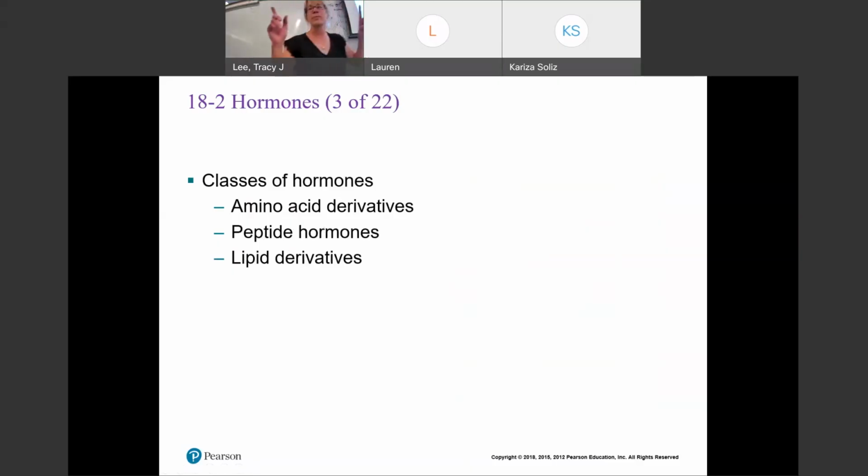We have protein-based hormones, we have lipid-based hormones. What is so important to note on the difference between these two hormones? If I go to my cell, like so, my cell membrane, you guys learned about hydrophobic, hydrophilic. Do you guys remember that part? So my phosphates are hydrophilic, which really means they have a charge to them, right? These are charged.